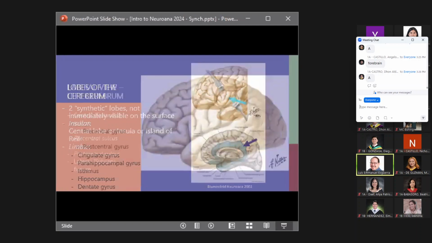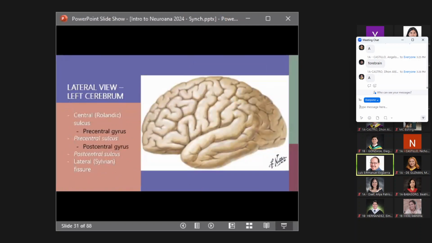Now in the lab, you will be given a brain specimen to study, and from there you should be able to identify these main features. So in this view, identify the central sulcus. It's hard to do this without a pointer.